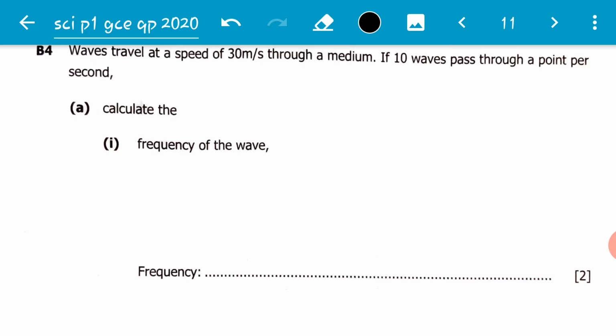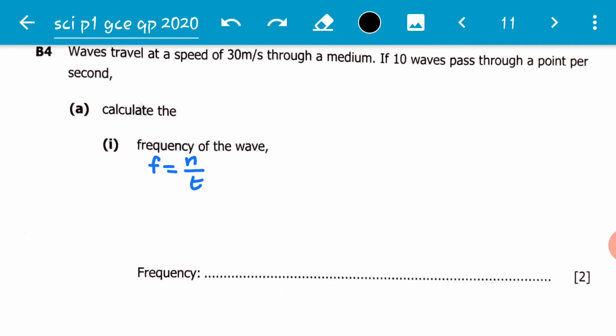Now, frequency is equal to number of waves divided by time, or number of oscillations divided by time. So we write that formula as frequency is equal to n divided by t, which is the time taken for those waves to pass a given point. However, we have been told that 10 waves are passing through a point every second.